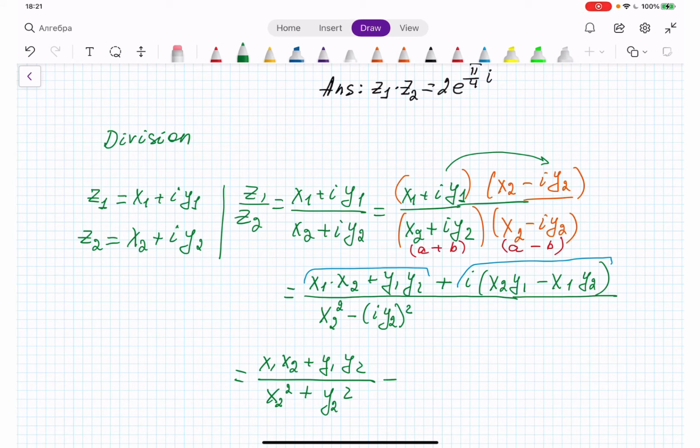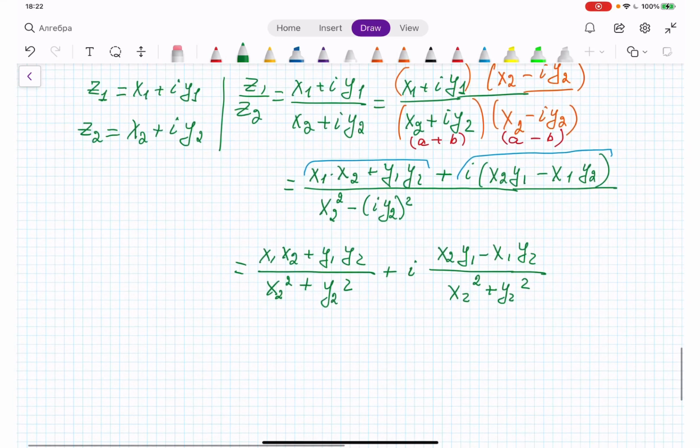Next, plus i times x2 y1 minus x1 y2, with the same denominator because the denominator is common. So this is a template for the quotient of complex numbers.